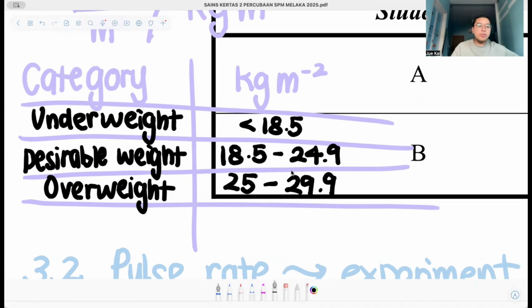Lastly, what is the category? I use red color. Good job, Qixuan. It is obese. So when it's obese, what is the BMI reading?